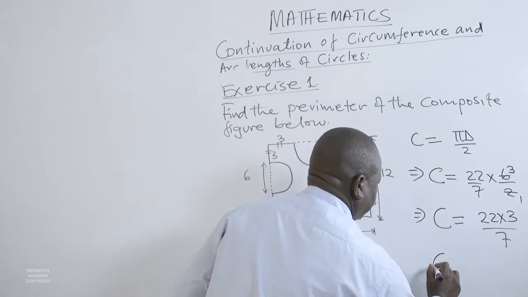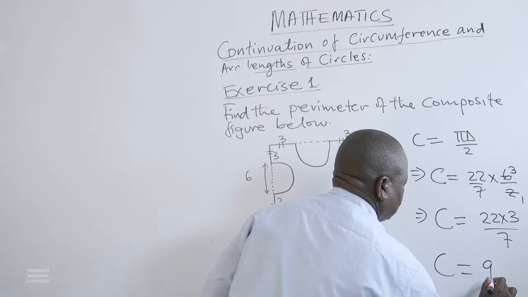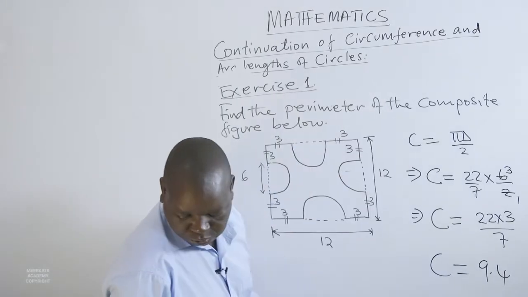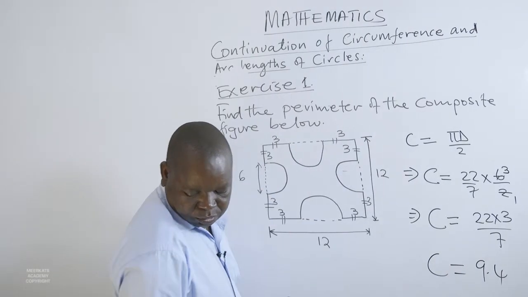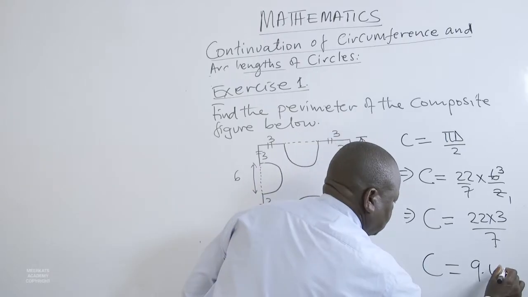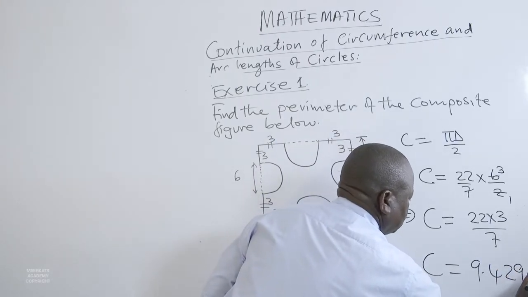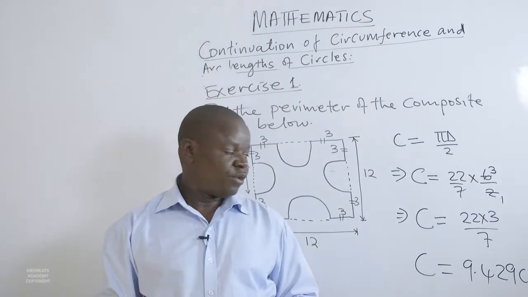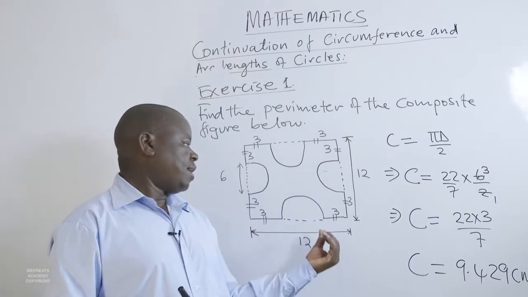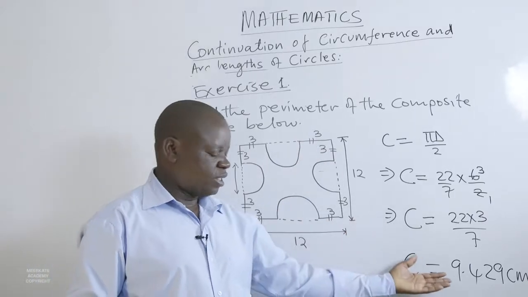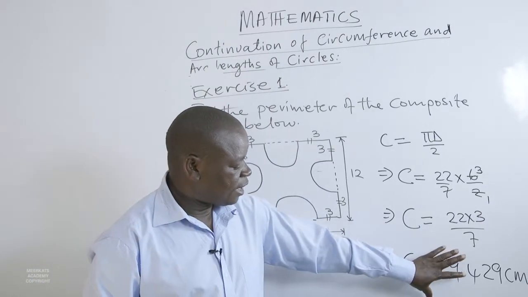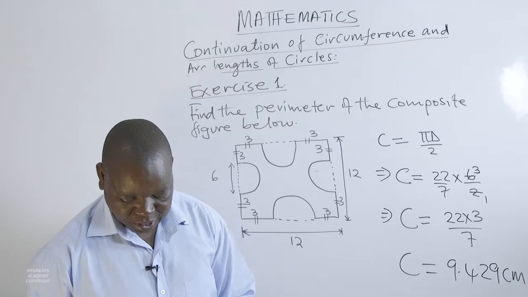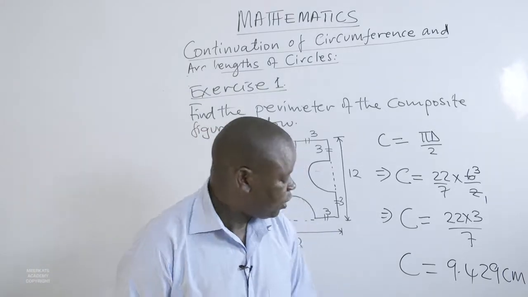So you get C is equal to... I've given my answer correct to 3 decimal points for the start, because I'm still to work on it so that I get the exact value that I can now approximate to 2 decimal points.